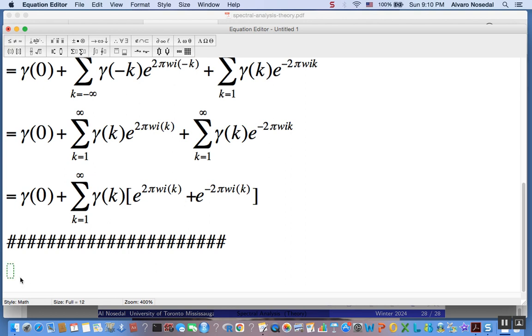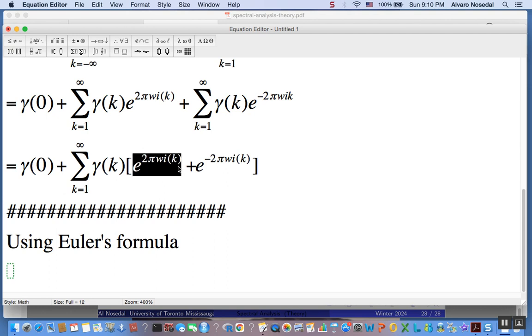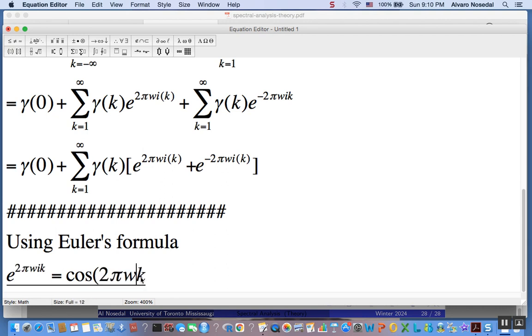So by Euler's formula, then you have this e to the power 2 pi w I k, that is the same as cosine of 2 pi w k, we don't need the I here, plus I sine of that same angle.